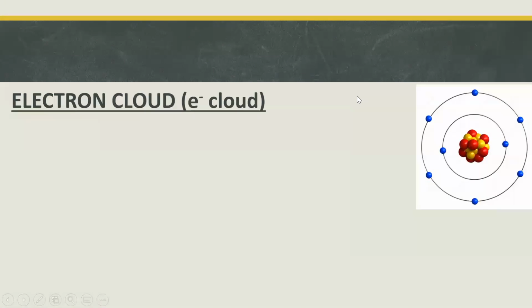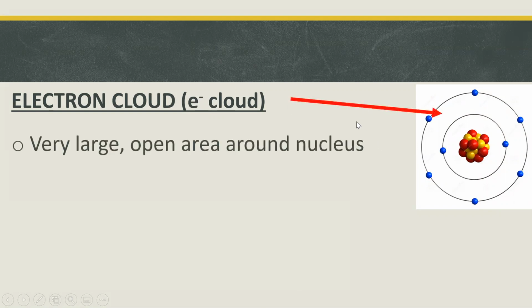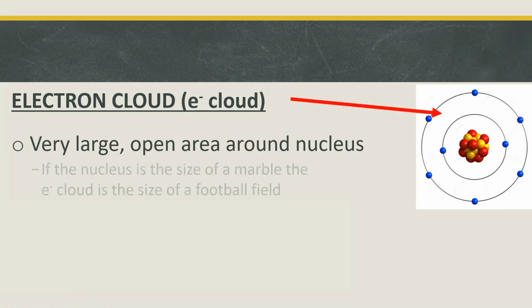The other part of the atom is the electron cloud, and you can abbreviate electron with E and the little negative sign. It's this outer section. It's very, very large and very open. It looks like there's rings like a hula hoop, but they are not actually there. The electrons just rotate in the circular pattern. It's just a visual to help you understand. So just a comparison for you.